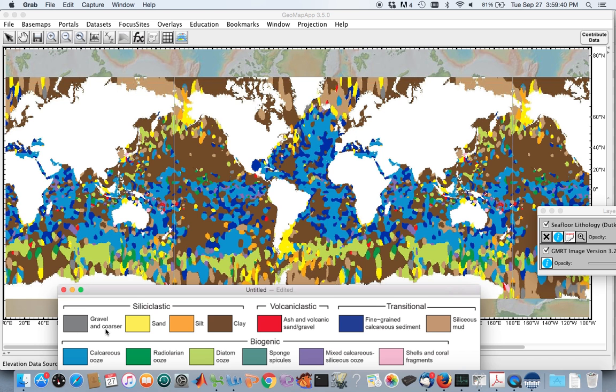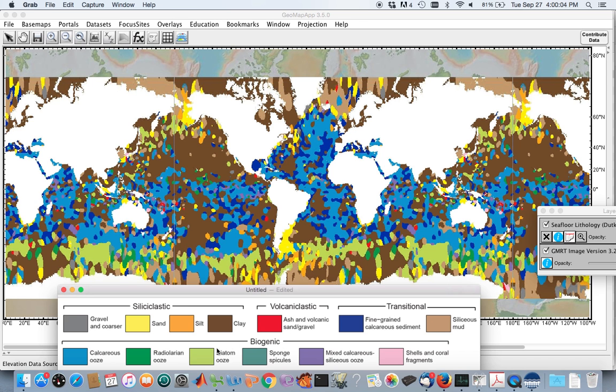So this is siliciclastic. This is a mixture of terrigenous sediment with siliceous ooze. Volcaniclastic is from volcanic eruptions. Transitional, this is also finer grained terrigenous sediment mixed in with siliceous ooze.